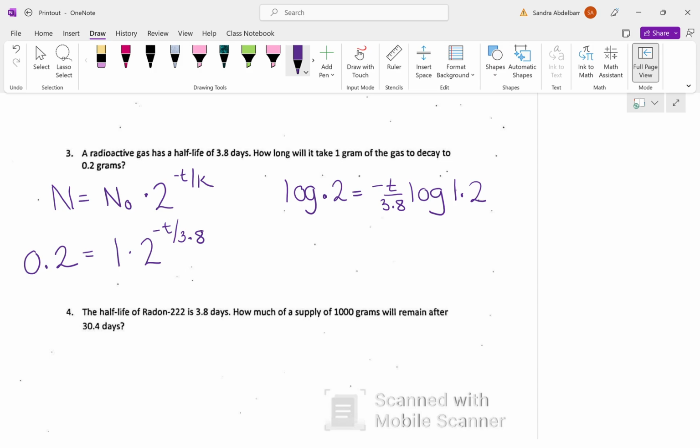So to start off in this problem, I would divide by log 2. Wait, isn't it just 2? Oh, it's just 2. I'm sorry. 2. Thank you. So I would divide by log 2.